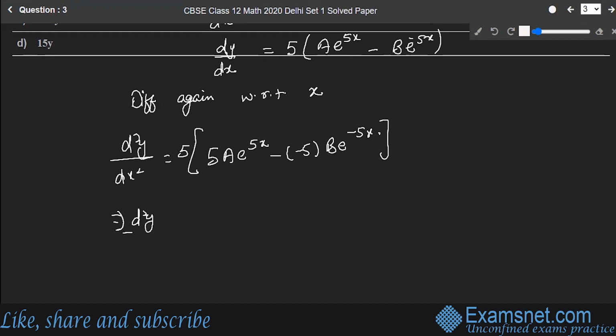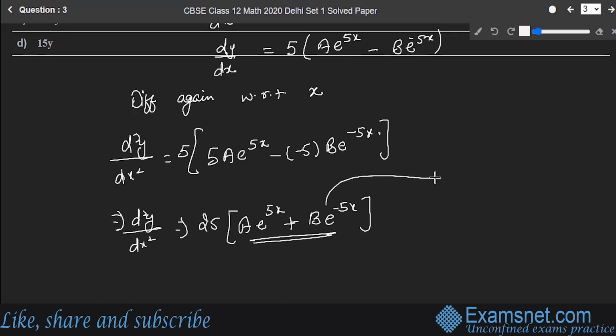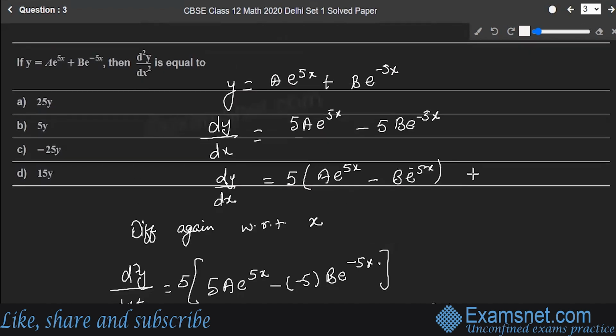I'll take the 5 again outside. This is equal to 25 into A e raised to power 5x plus B e raised to power minus 5x. And what was this equal to? This was equal to y.